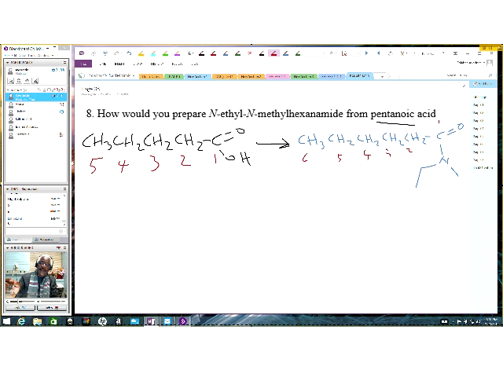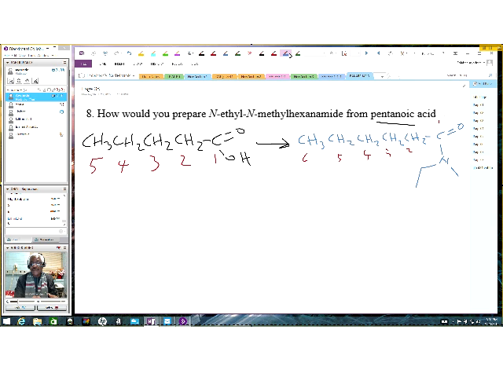Okay, let me give you a hint. What do we have here? You have pentanoic acid. In order for us to use those reagents that we know, the Grignard reaction can extend the carbon chain by 1 or many carbon atoms, depending on what kind of Grignard you are using.